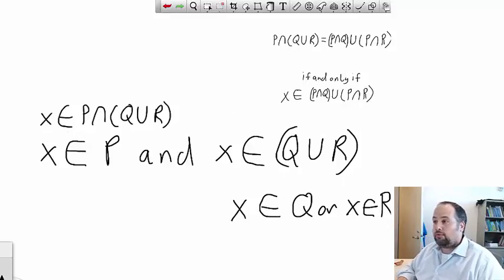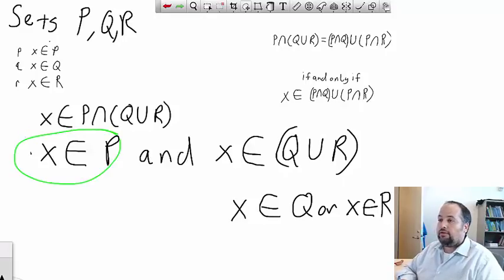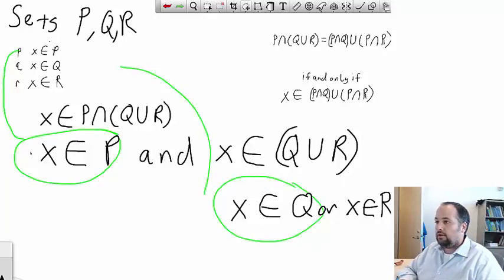And remember those rules we did a little while ago? Well, according to those rules, this is the equivalent to this. This is the equivalent to that.